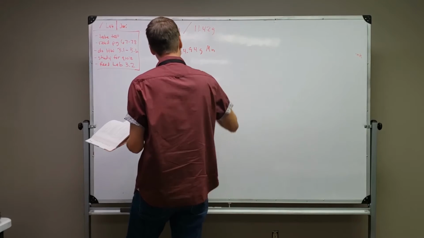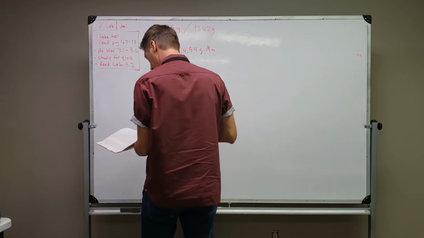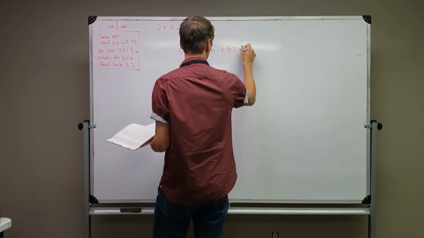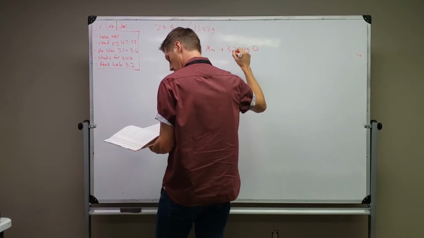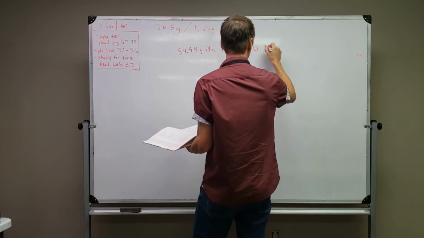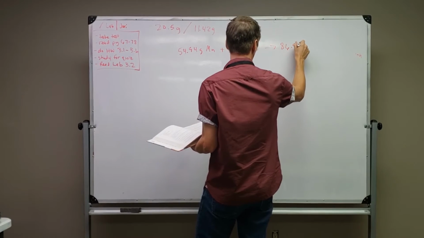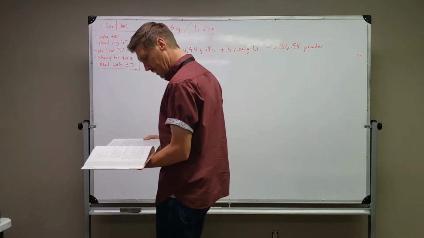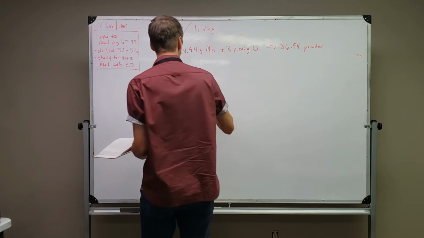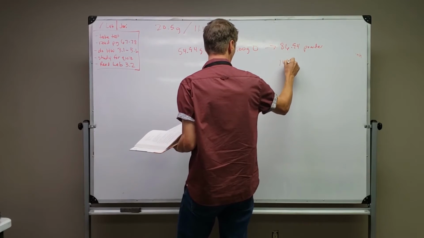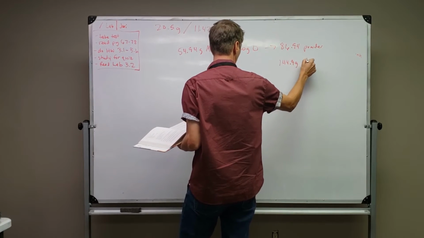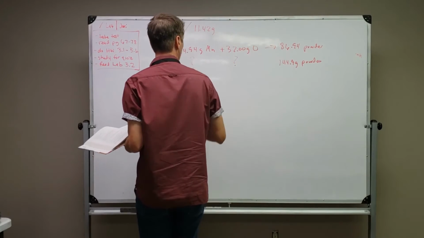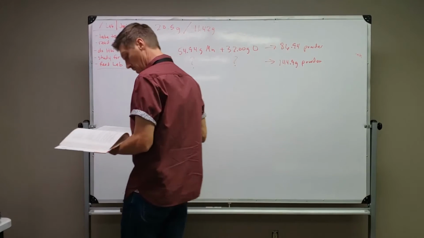So 54.94 grams of Mn plus 32 grams of oxygen yielded 86.94 grams of this powder. Okay? And then they said if we have 144.94 grams of powder, how much of this stuff do we have that made that?